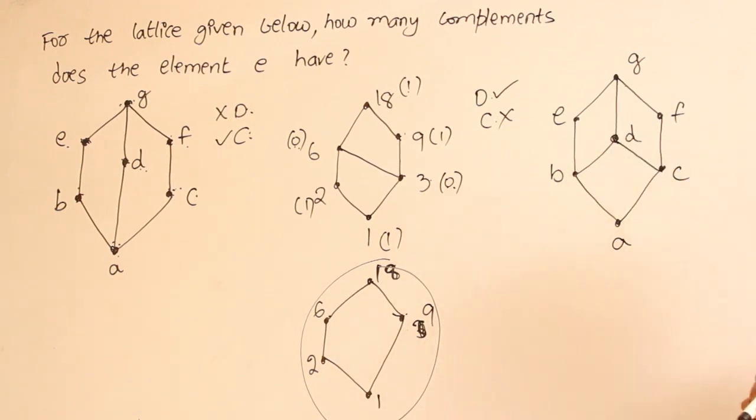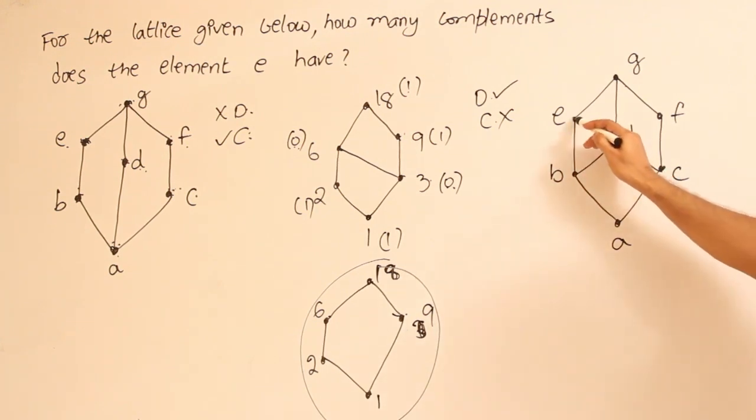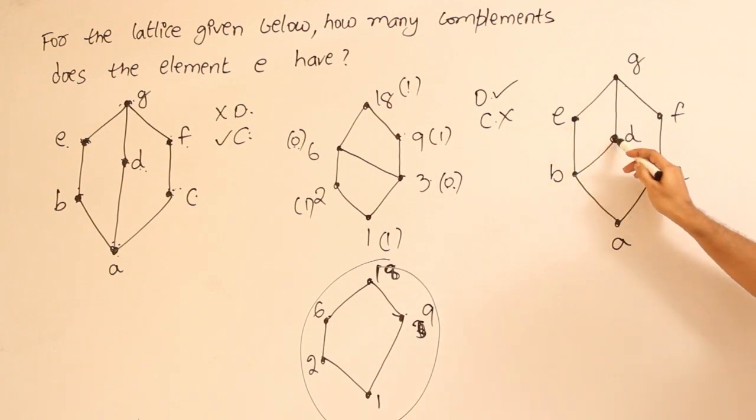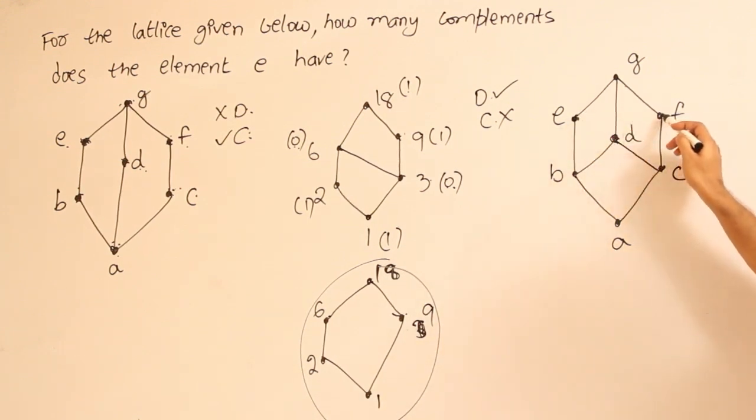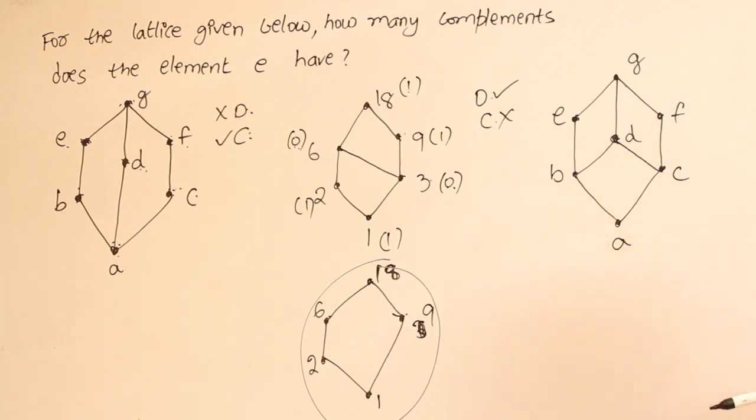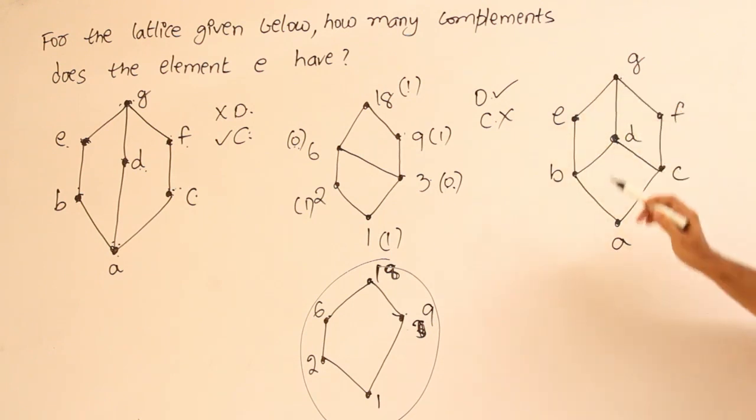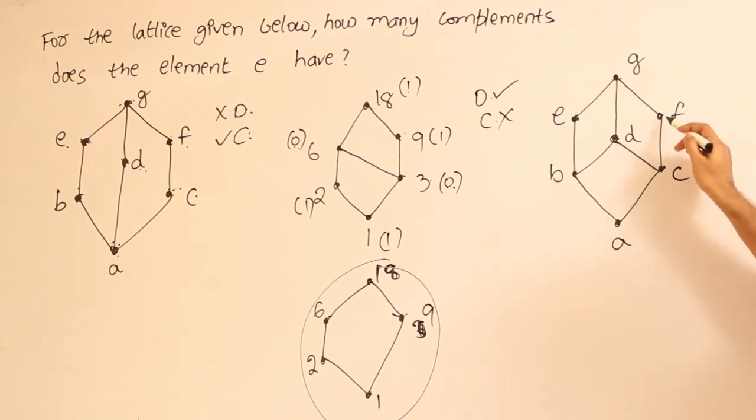In this one, how many complements does E have? Let's see one by one. I am talking about the complements of E. D cannot be a complement because they meet at B. F can be a complement because both join at G and both meet at A, right?